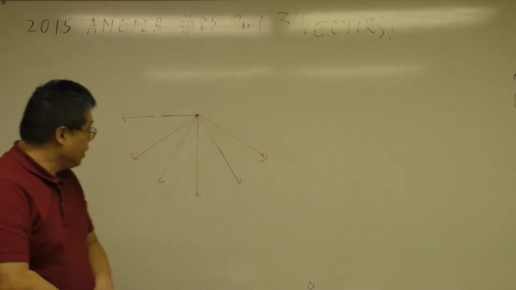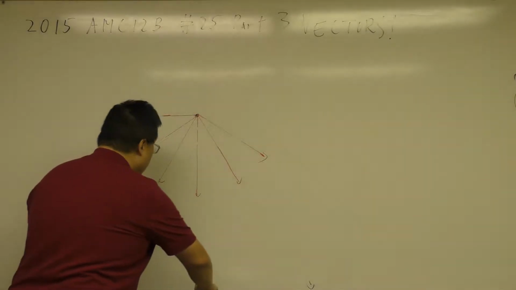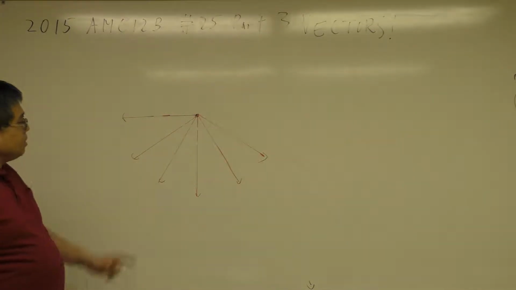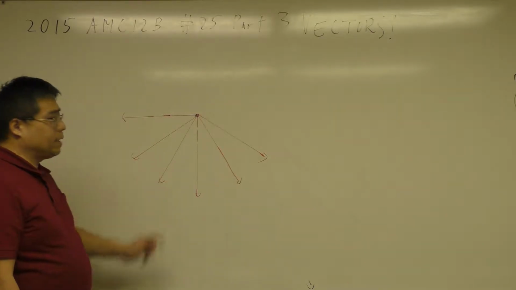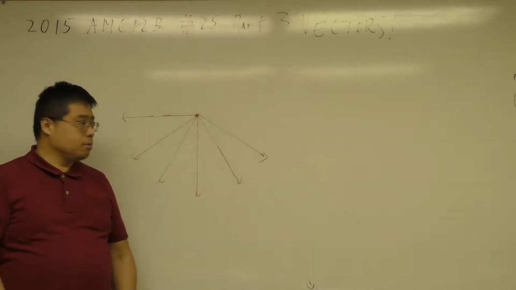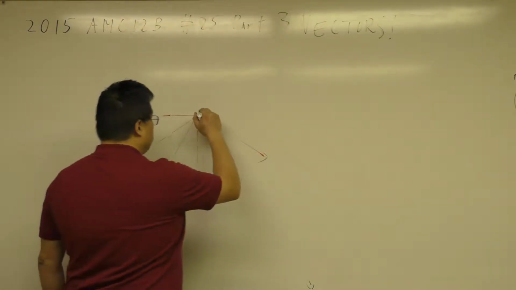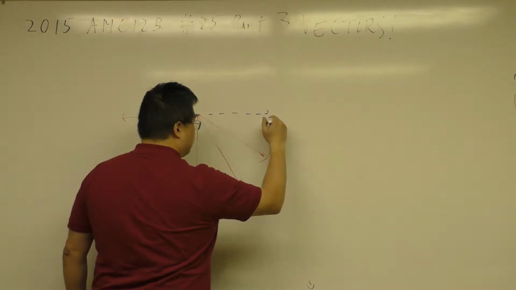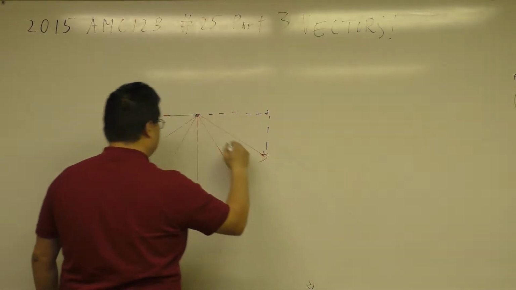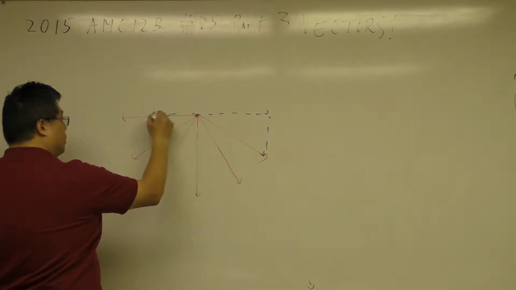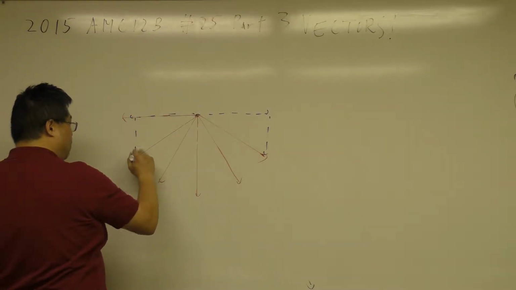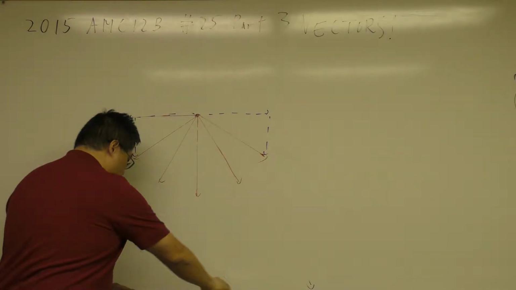So these are what we have. Now let's decompose these two vectors into horizontal and vertical components. If we do that, then we have this component and that component for this vector, and this component and that component for the other vector.